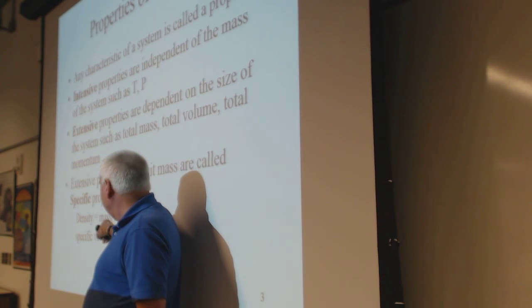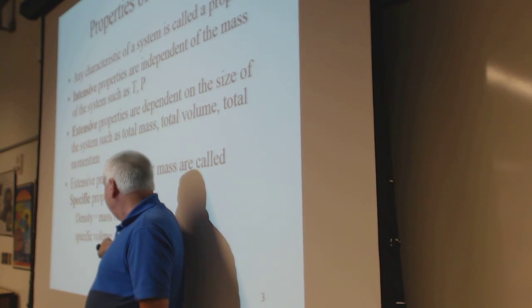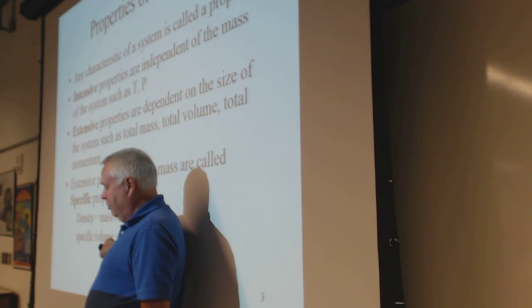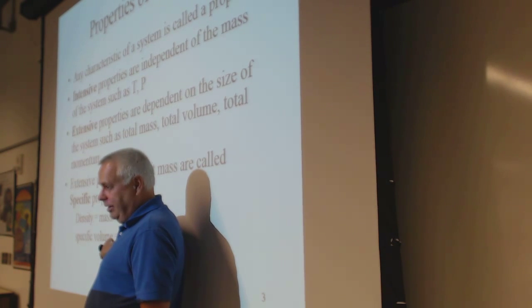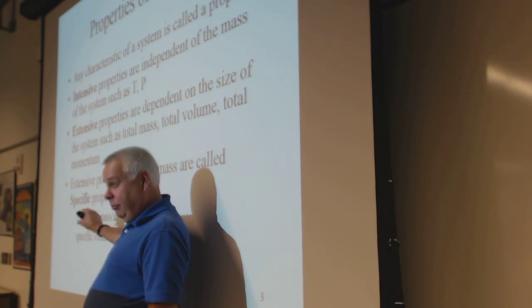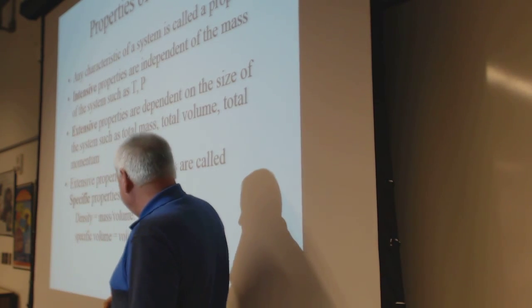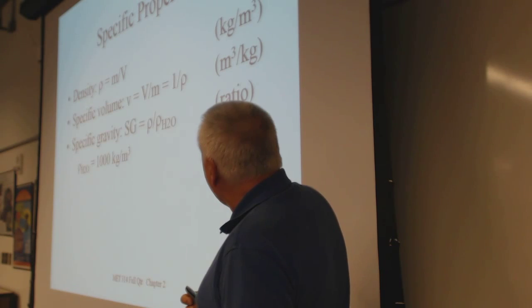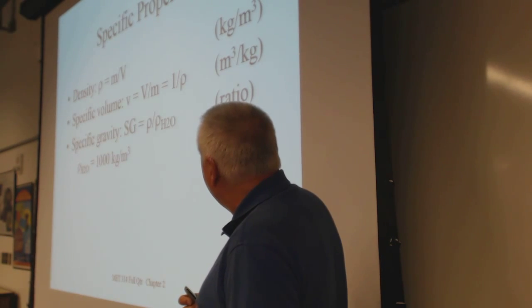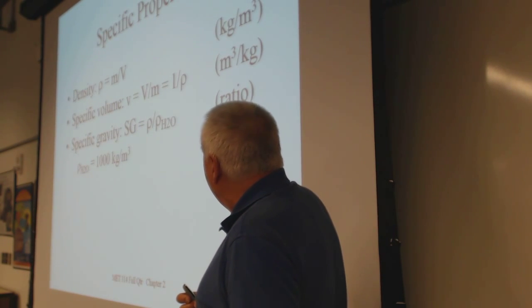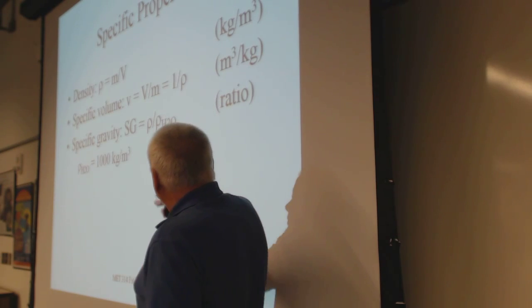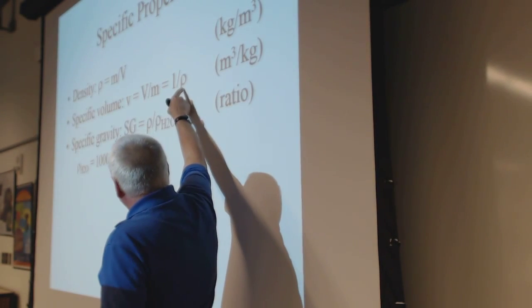If density is 1,000 kilograms per cubic meter, then specific volume is going to be 0.001 cubic meter per kilogram. That's the same way of saying that same property. So specific volume is literally its density upside down.